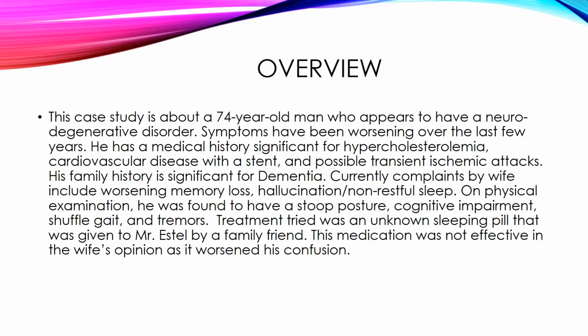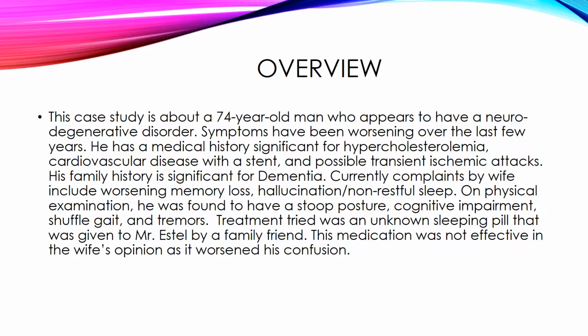She's also complaining that he has hallucinations with non-restful sleep, waking in the middle of the night, appearing to be fighting in the middle of the night. The family history given is that the patient's mother had a history of dementia.